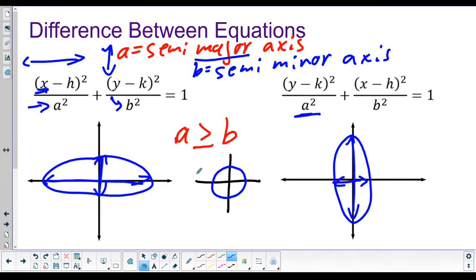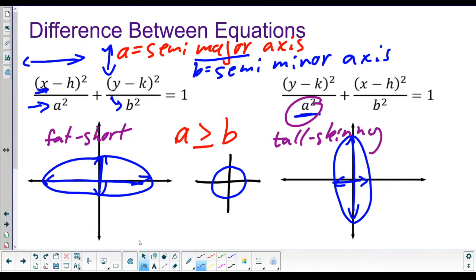So circles are special ellipses, sort of. It's kind of like squares are special rectangles. So the only difference here is if A is under the y term, that means we have a tall, skinny ellipse. If A is under our x binomial, we have a fat, short ellipse.